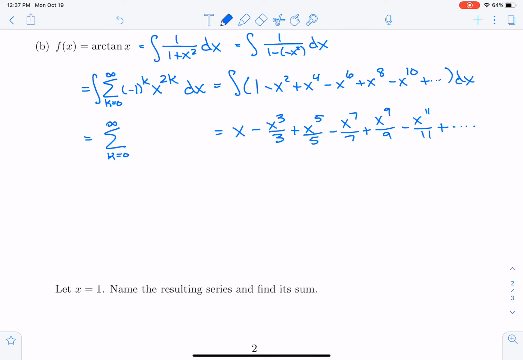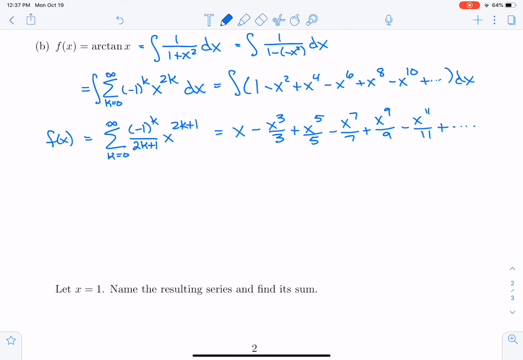Integrating term by term, the negative 1 to the k stays there. The antiderivative of x to the 2k is 1 over 2k plus 1, x to the 2k plus 1. And so this is a series that represents arctangent of x.